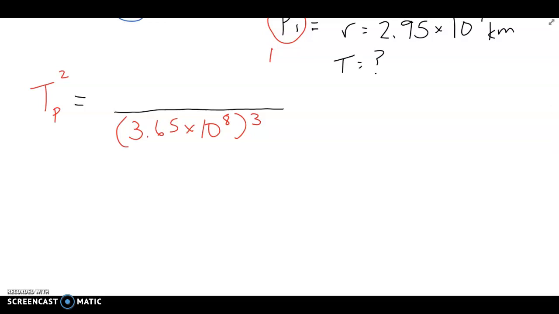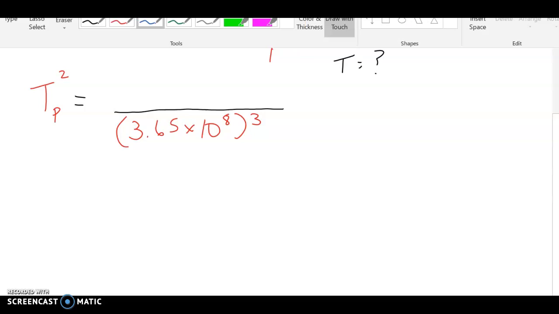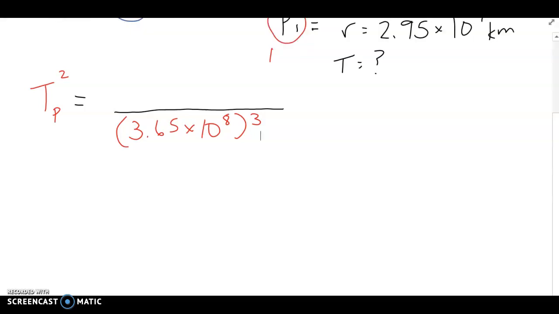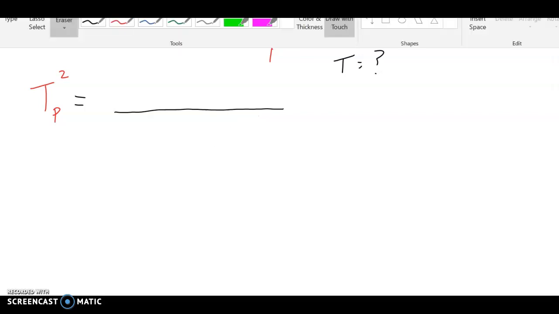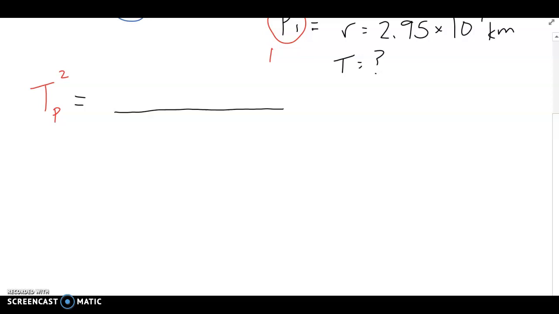Oh no, that was not correct. All right, let's go back and fix this. This value is Gamma. So Gamma's value is on the bottom, 3.65 times 10 to the 8th cubed.